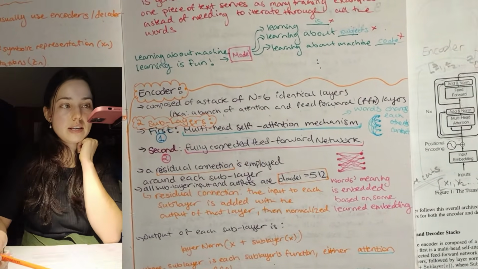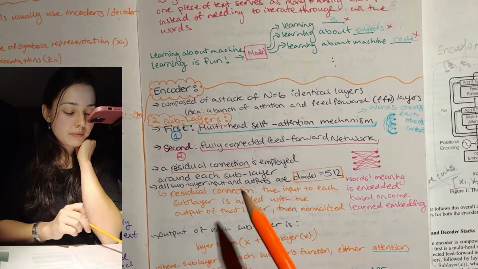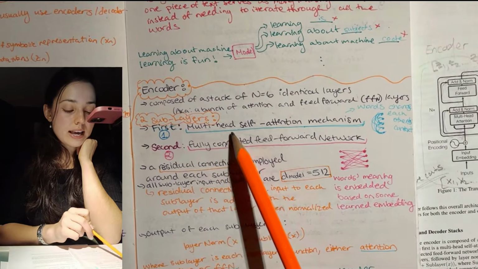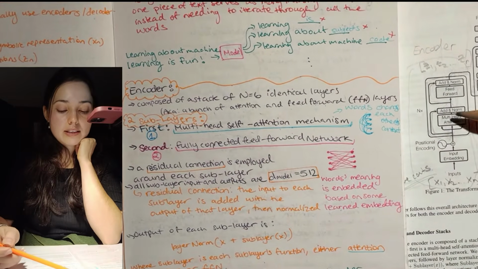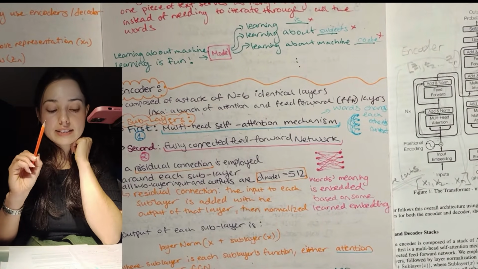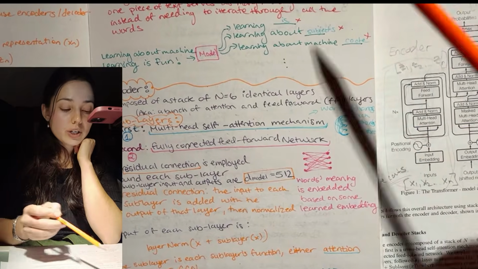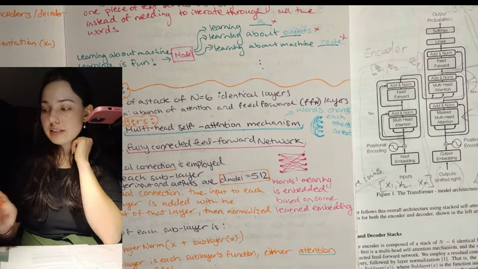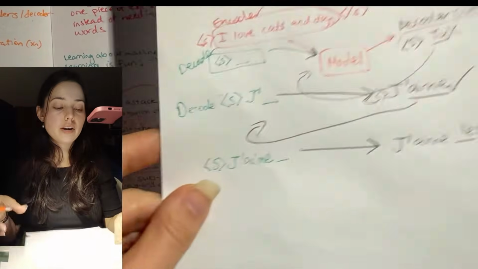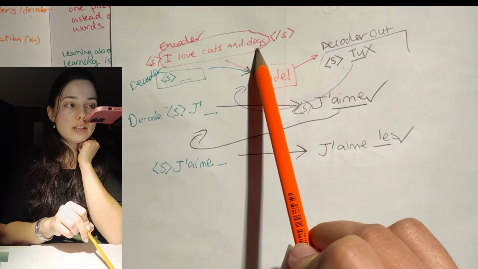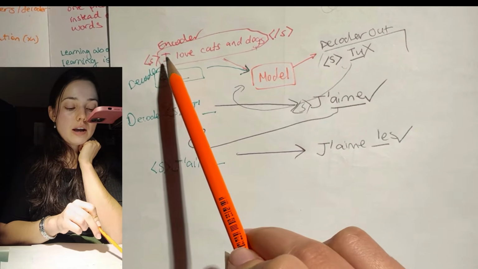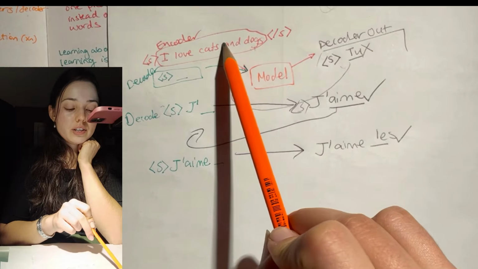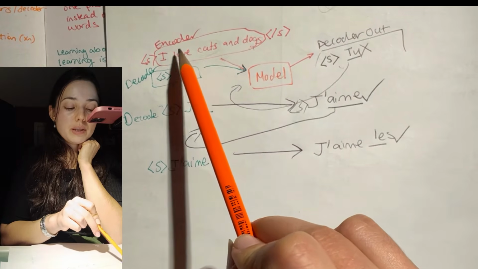So here is the encoder from the paper. The first one is the multi-head self-attention mechanism. That's this one. The reason why it's self-attention is the words talk to each other from your input. So, for example, our input is I love dogs. That's our input into the encoder. All the words get to influence each other. So the word cats is influenced by the word love.